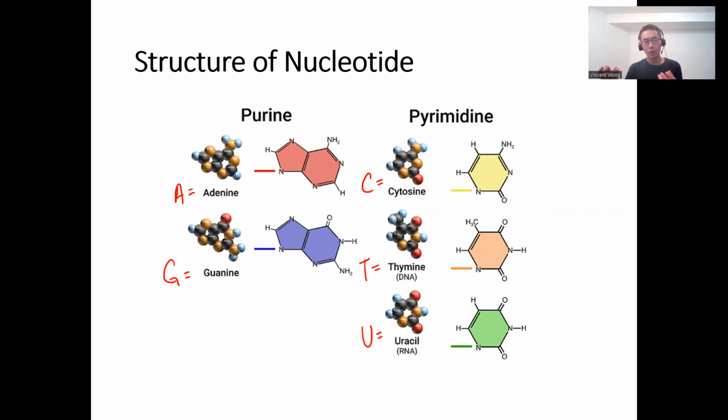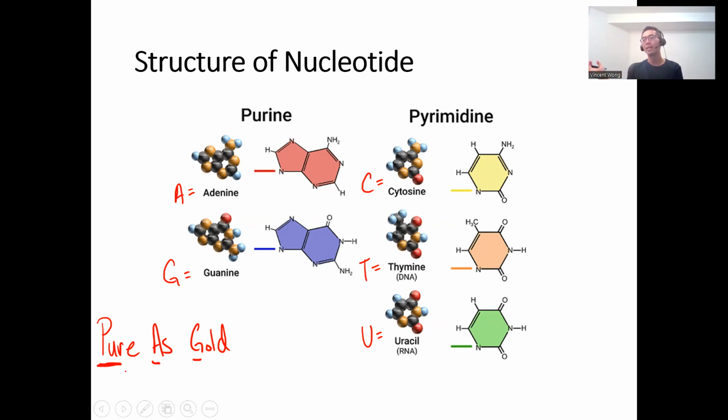We can classify the nitrogenous bases as either purine or pyrimidine based on the number of rings its structure contains. Purines include adenine and guanine, and they have 2 rings. I could not memorize this when I was learning it for the first time. Eventually, this is how I remember it: pure as gold. So purines are adenine and guanine.